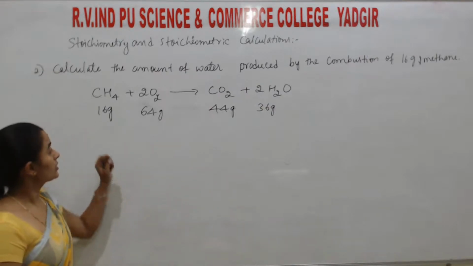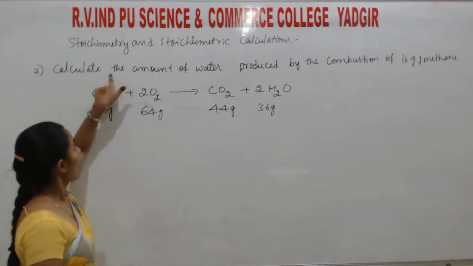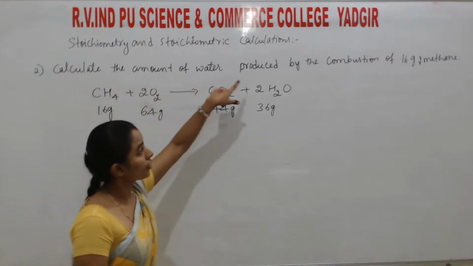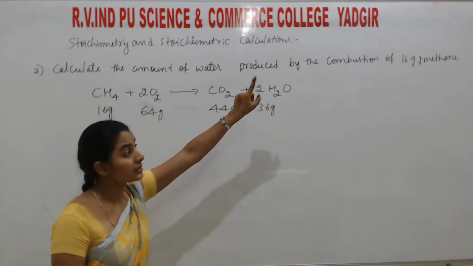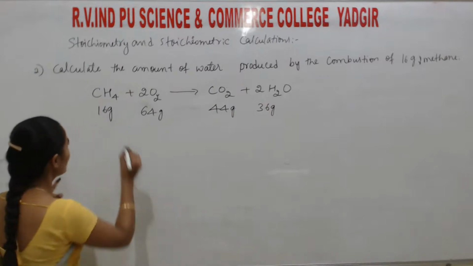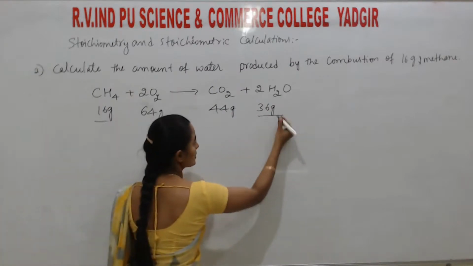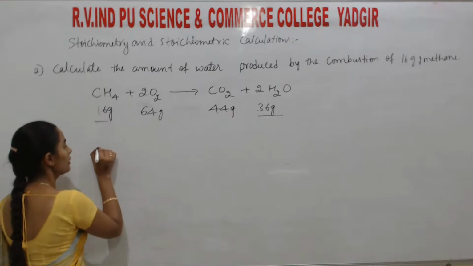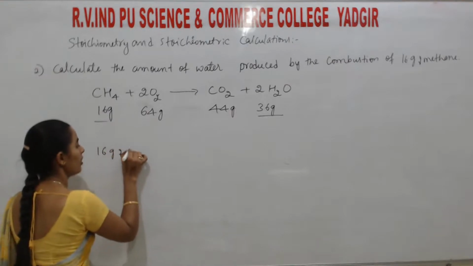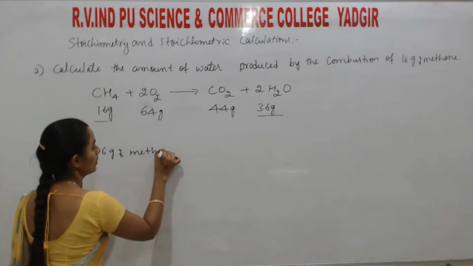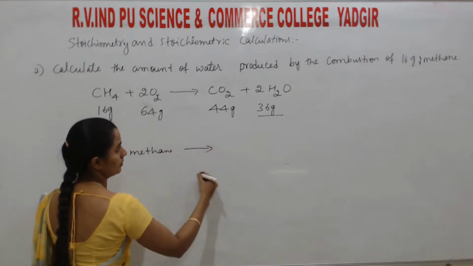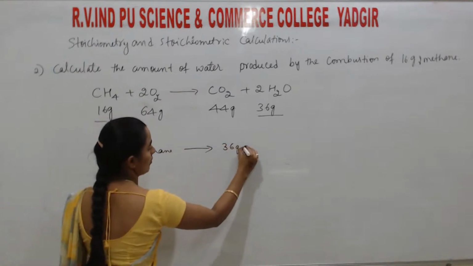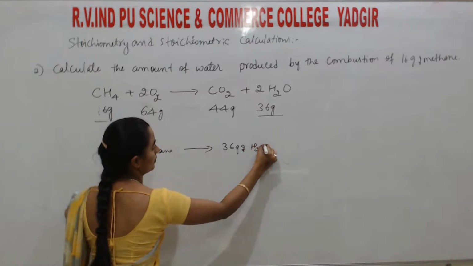Okay students, the question they are asking is: calculate the amount of water produced by the combustion of 16 gram of methane. So we have to take methane as well as water. 16 gram of methane gives 36 gram of H2O.